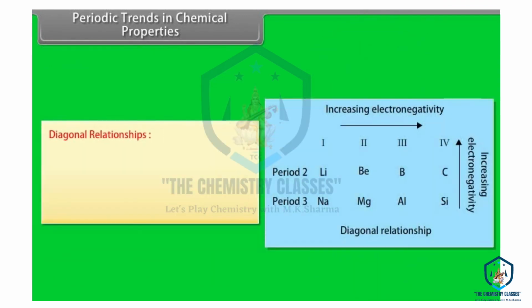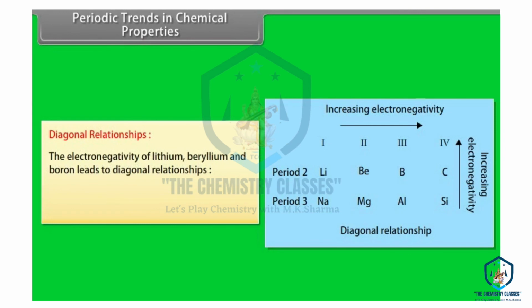Diagonal relationships. The electronegativity of lithium, beryllium and boron leads to diagonal relationships. Lithium is strikingly similar to magnesium, beryllium to aluminium and boron to silicon. Electronegativity increases from left to right across a period.